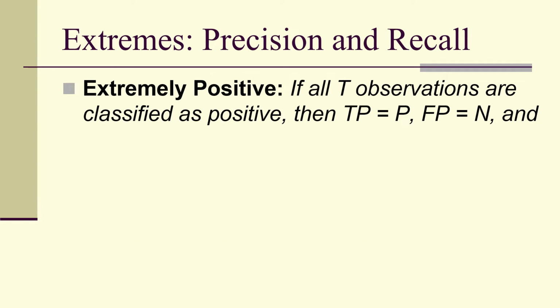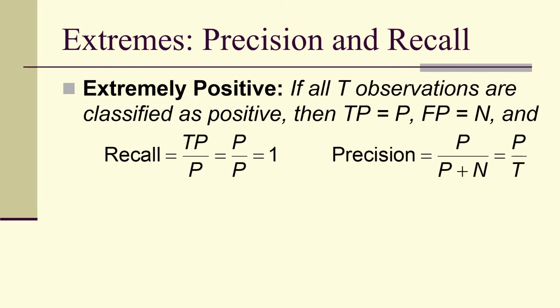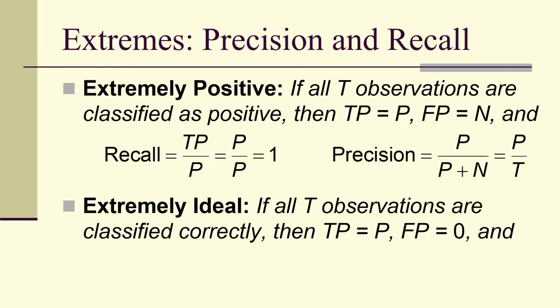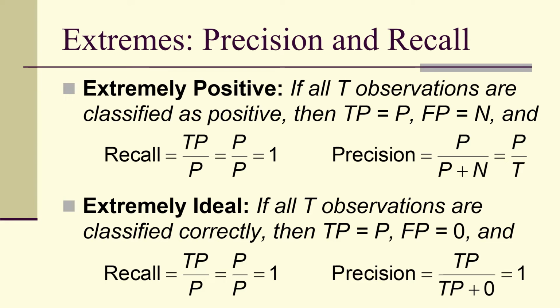So for an extremely positive classifier, if all t observations are classified as positive, then true positives is p and false positives n. Recall is 1. Precision is p over the total number of observations. The extremely ideal would mean that there are no false positives. The true positives are all the positives. The recall would be 1. The precision would be 1.